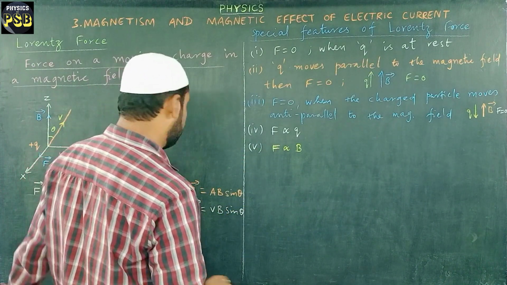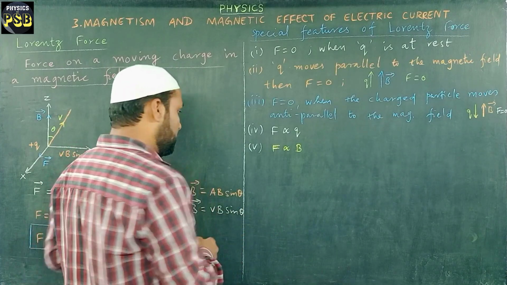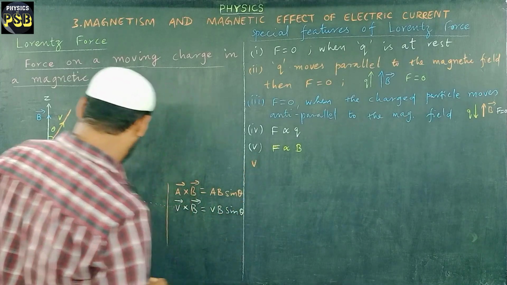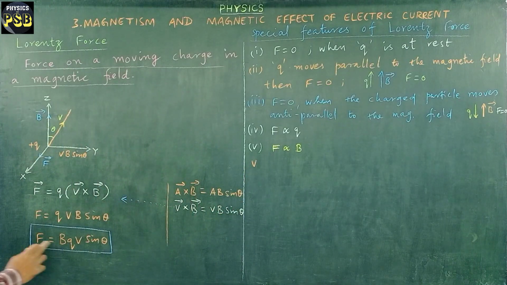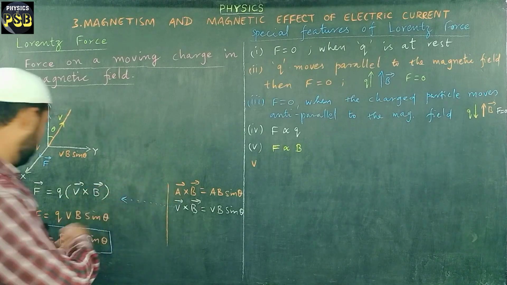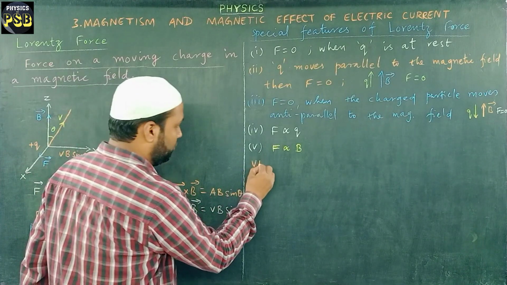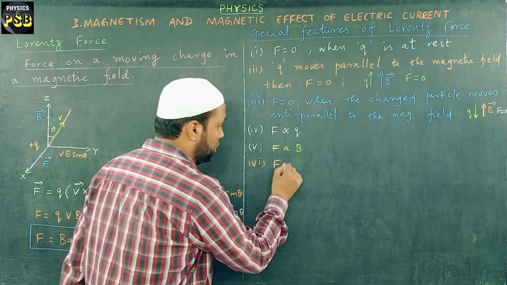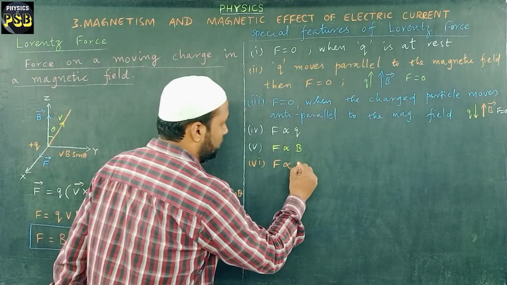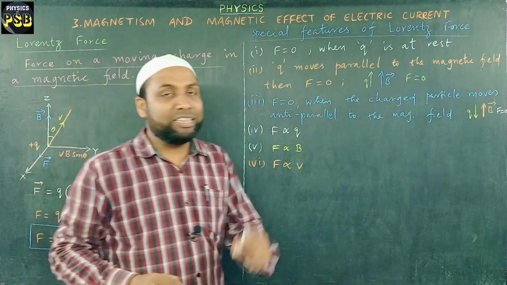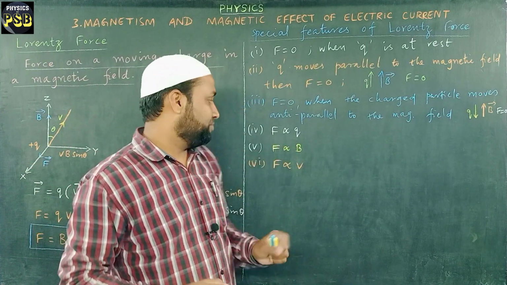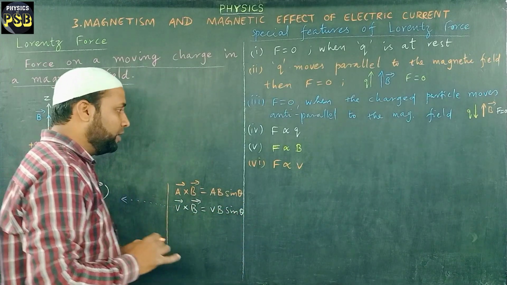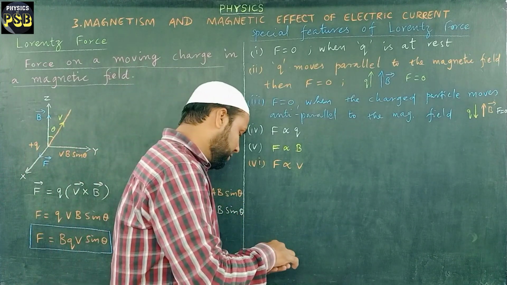Here, F is directly proportional to B, F is directly proportional to Q. And the Lorentz force is also found to be directly proportional to the velocity with which the charged particle is moving. F is directly proportional to V. Remember this.